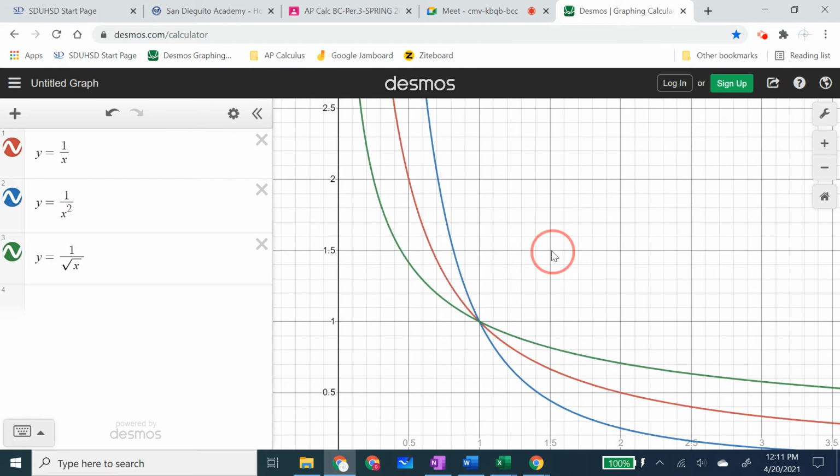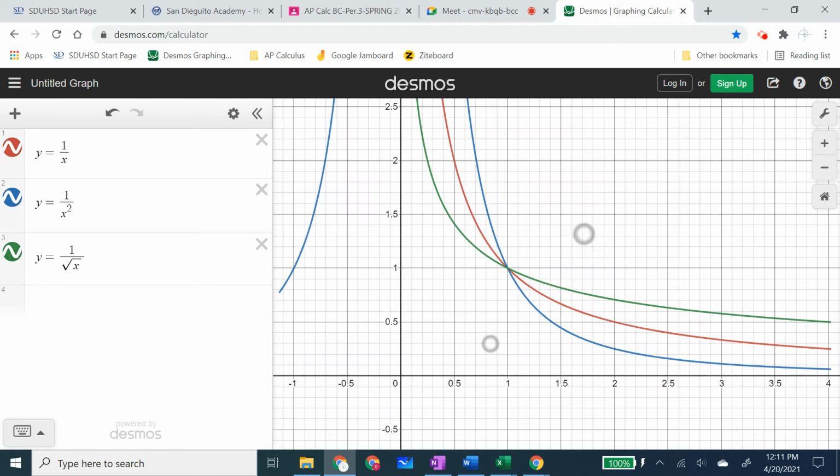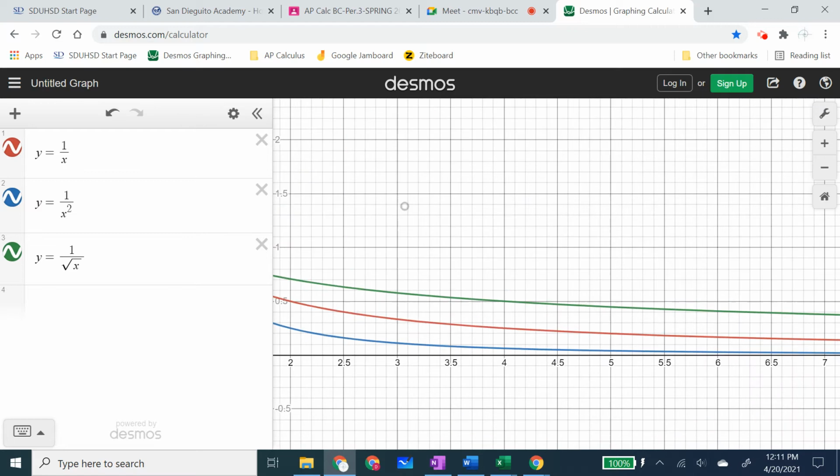One over x has perfect symmetry. We are used to dealing with x approaching infinity. We are used to the P series, and we know that 1 over x diverges.